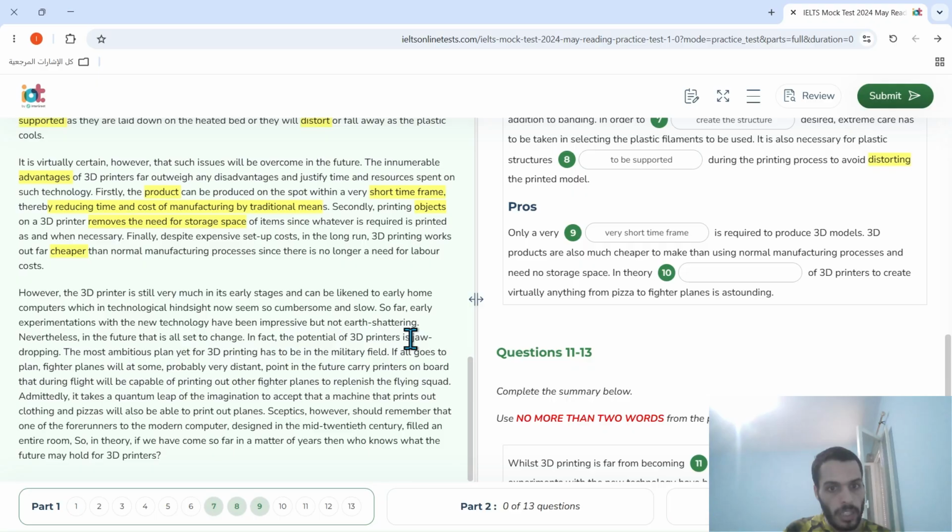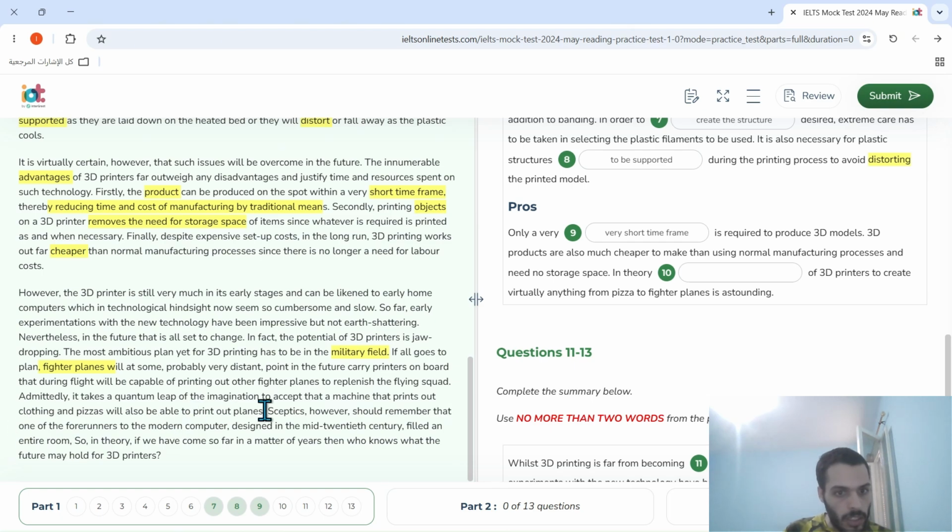3D printing is being explored in the military field, with fighter planes, flight and cable combinations.